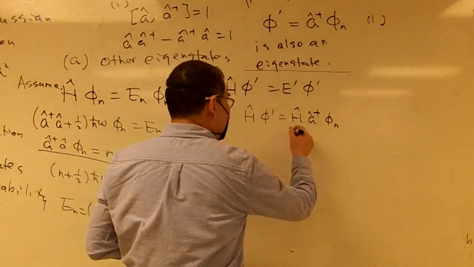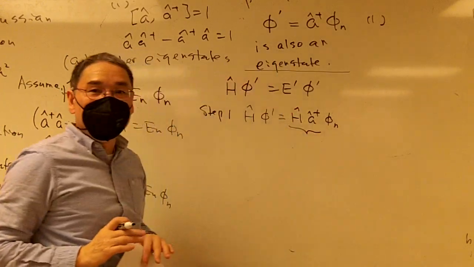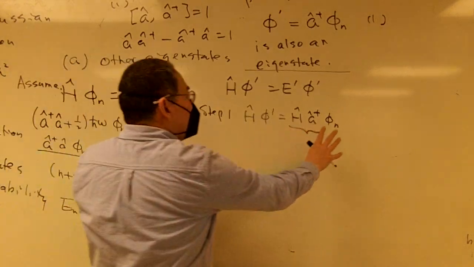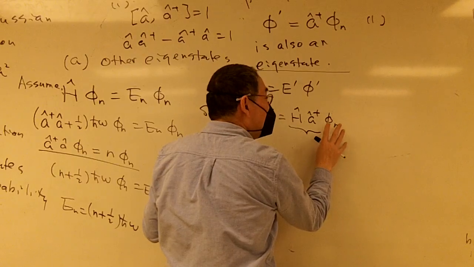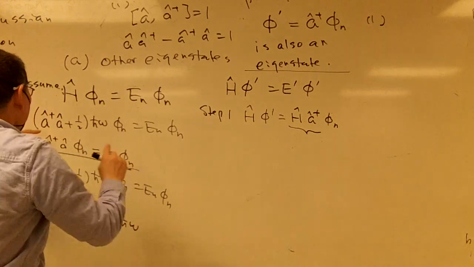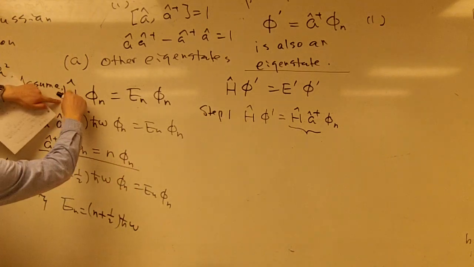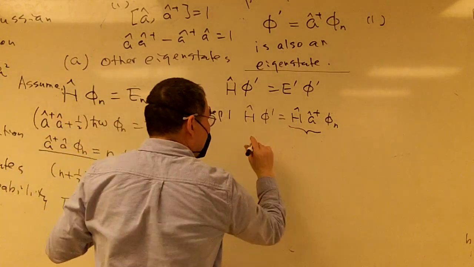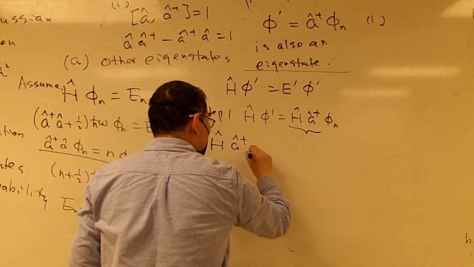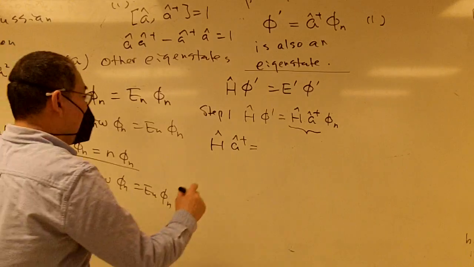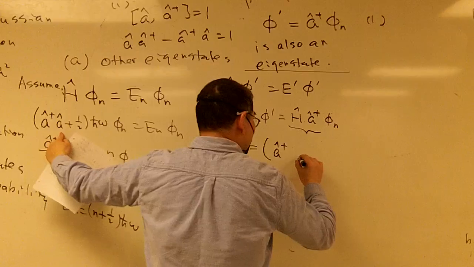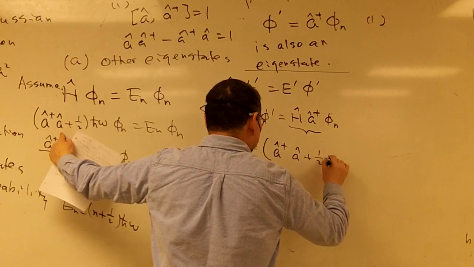Now, whenever you see this, our focus is on this particular term. Currently we will ignore this one. We just look at the operator side. So let's look at the operator. You notice that the operator h hat equals h bar omega times a dagger a hat plus 1/2.